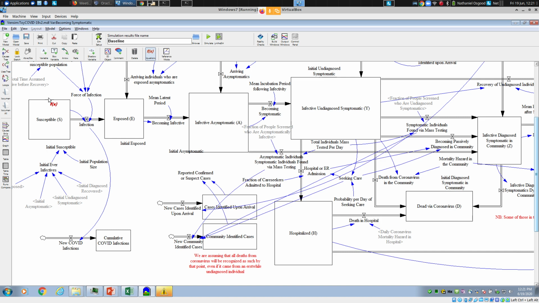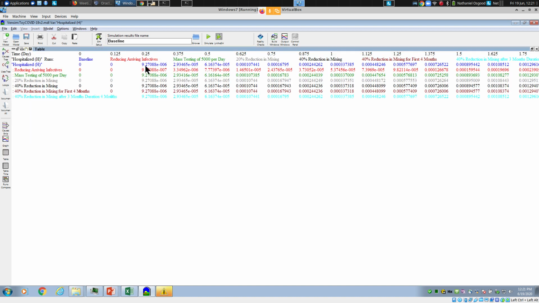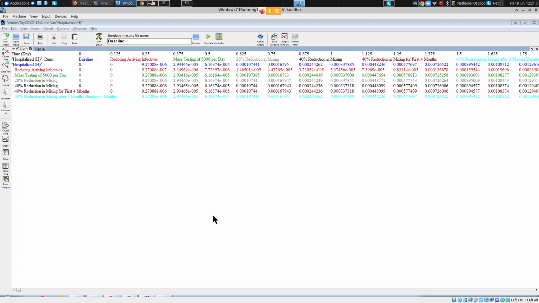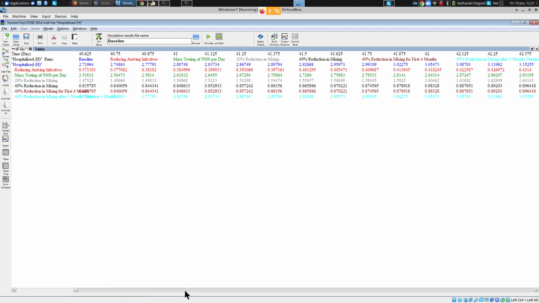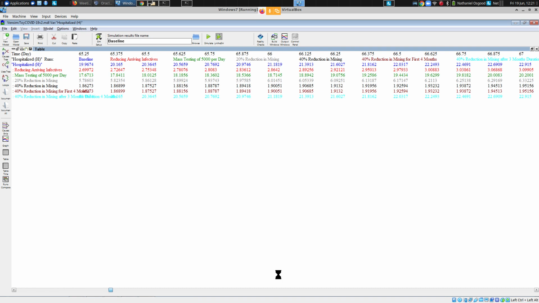This model here, all we did is we counted the number of people over time, for example, who were hospitalized. And this number of people changed over time. So, for example, at time 66, for a one baseline run, we had 21 people hospitalized.